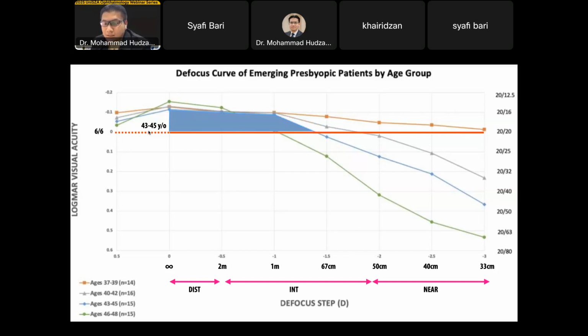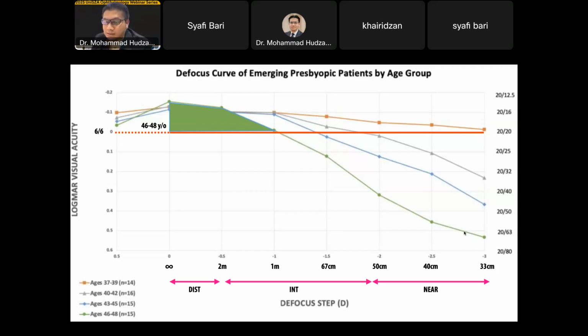And then the older you are, the more the range of vision gets worse. At 45 years old, you can only see at 67 centimeters, and then your vision is dropping. And then the older you are, at 46 to 48, you can only see good vision from distance until 1 meter only. And after that, your vision is very bad.